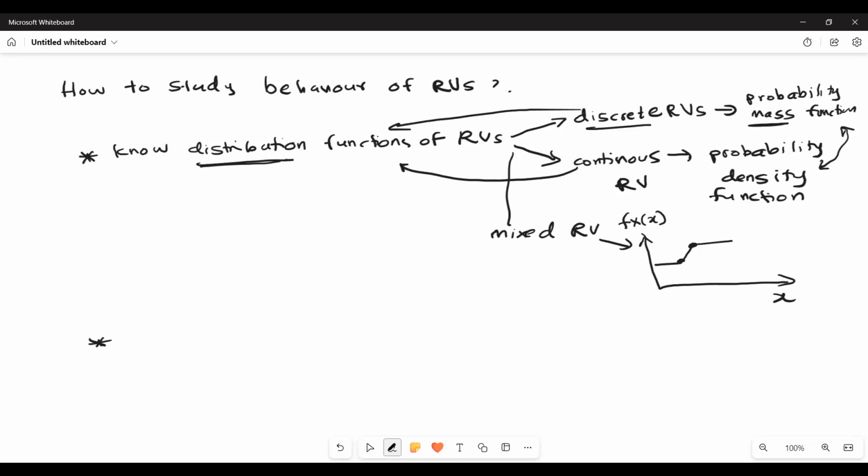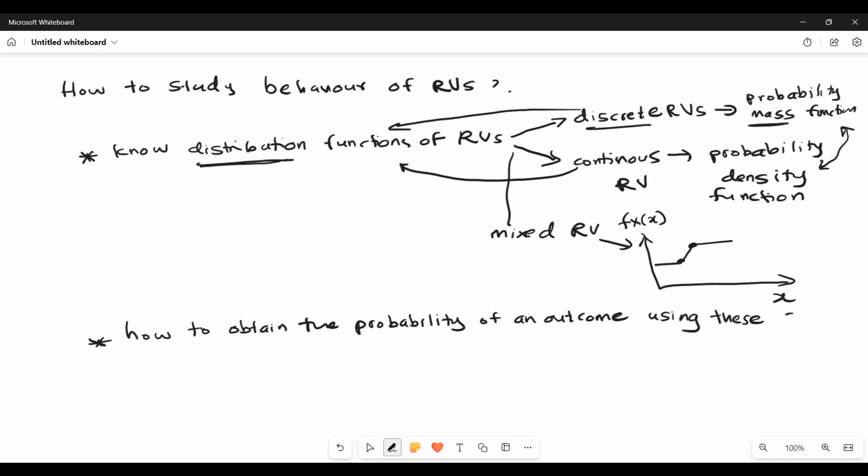And then, how can we obtain the probability of a certain event occurring, the probability of an outcome, using these functions, right?